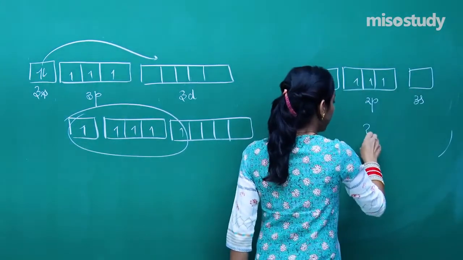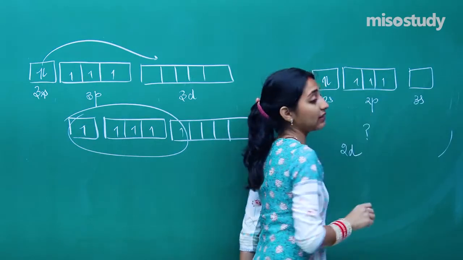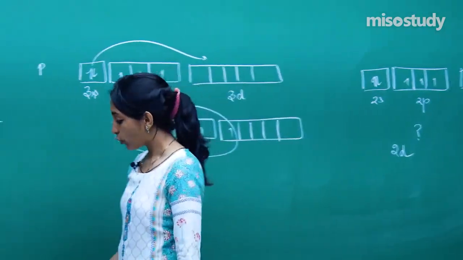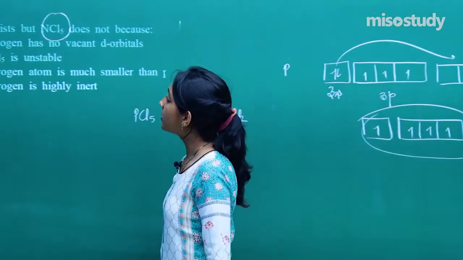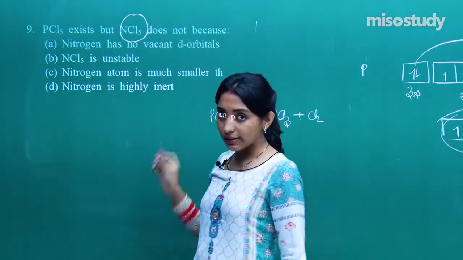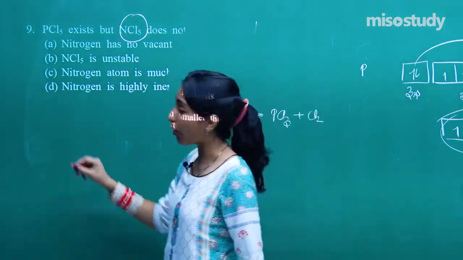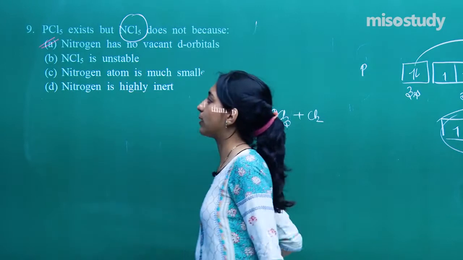That means there was no 2d present because of which the excitation could be possible. So if I talk about the reason, it says that PCl5 exists but NCl5 doesn't exist because nitrogen has no vacant d orbital. Yes, that is the correct explanation.